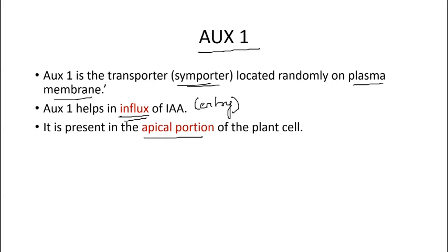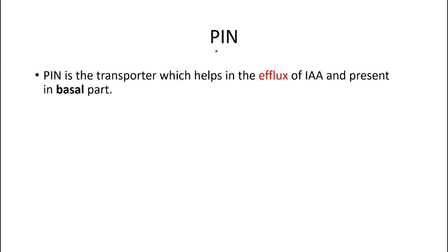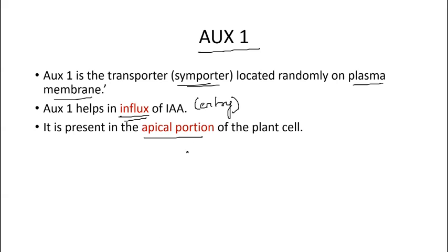I will show you in the diagram where it is present exactly. Now PIN is what? This helps in auxin efflux. So AUX1 helps in the entry and PIN helps in the exit of IAA. Exit transporters are present in the basal end and entry transporters are present in the apical end.